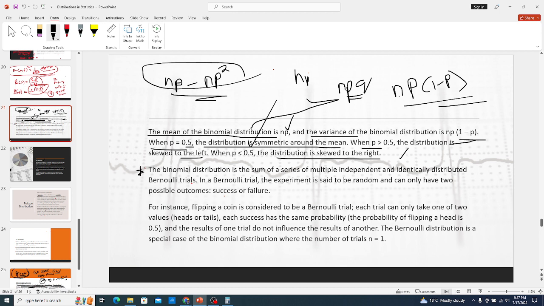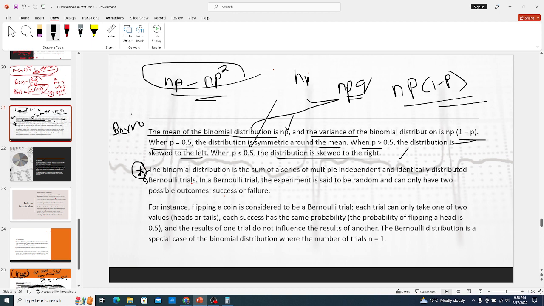Now we are moving from binomial to Bernoulli, that is Bernoulli trials. I think you remember Bernoulli's principle in physics class back in high school.